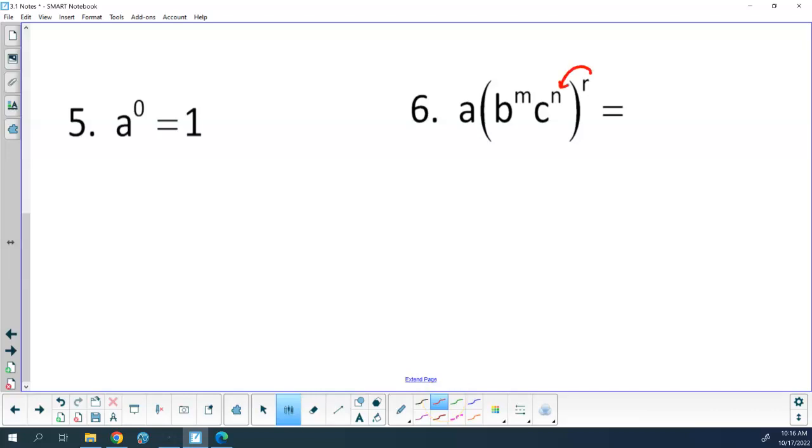It's a power to a power there. It's also a power to a power there, but it is not a power to the power of the letter a. So a would stay the same because it's not being controlled. b would be m times r power now, and c would be to the nr power.